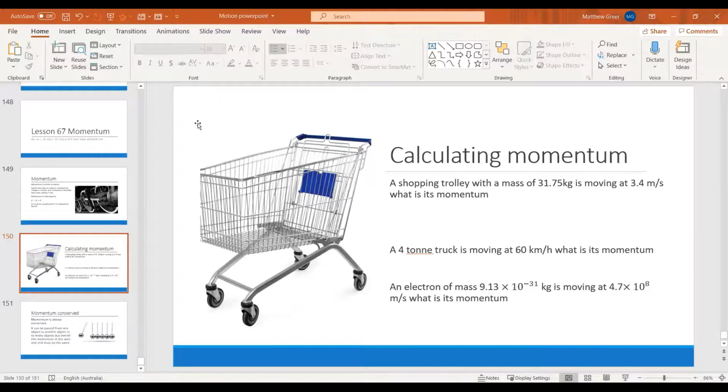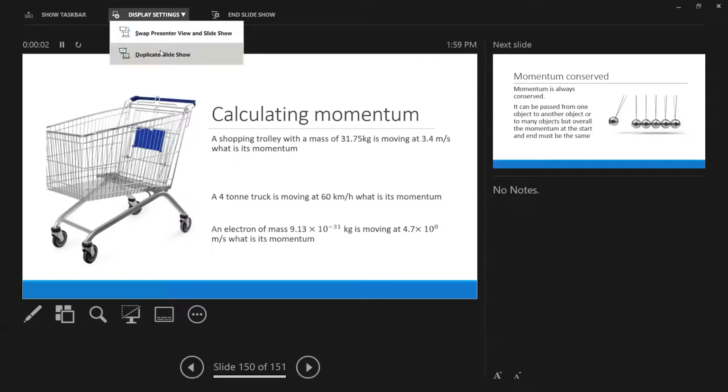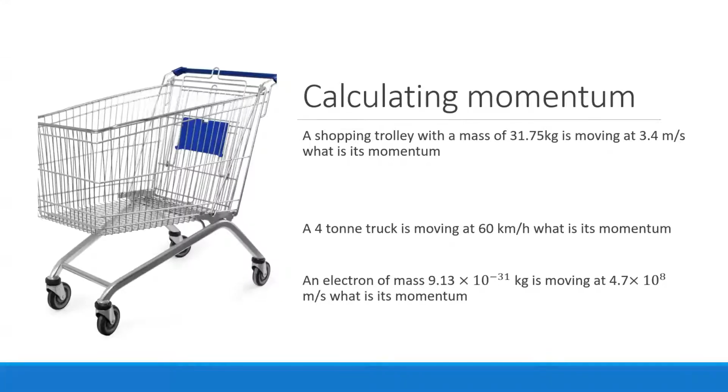So we're going to do some basic calculations here. Let's give it a crack. A shopping cart has a mass of 31.75 kilograms. It's moving at 3.4 meters per second. What is its momentum? There's no question mark, that's okay. We can just do this. P equals mv.